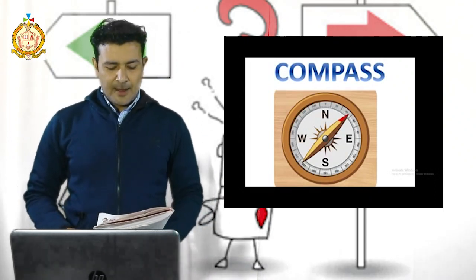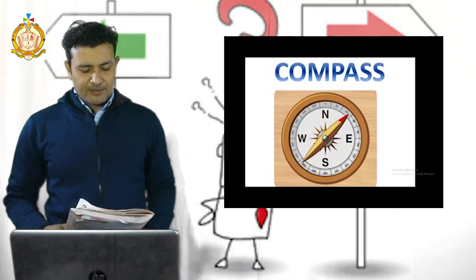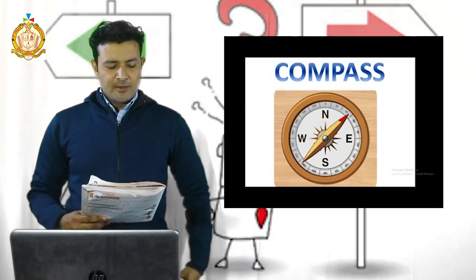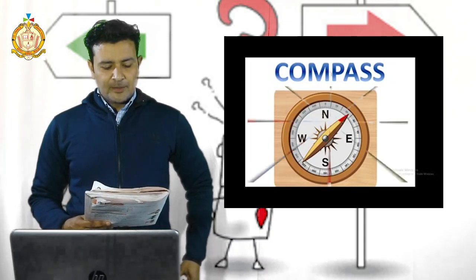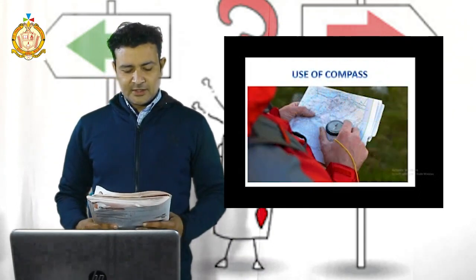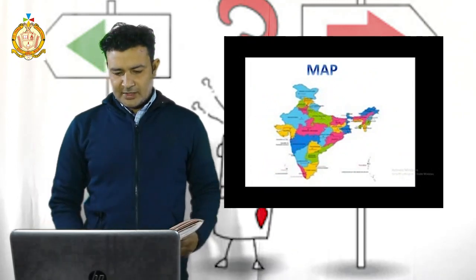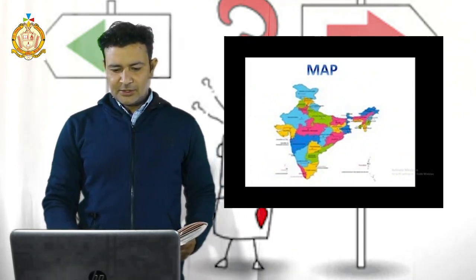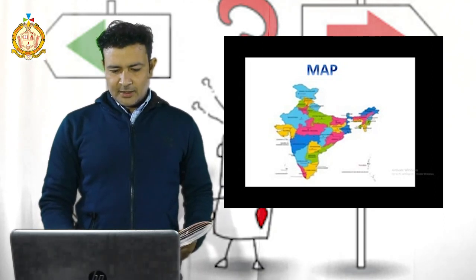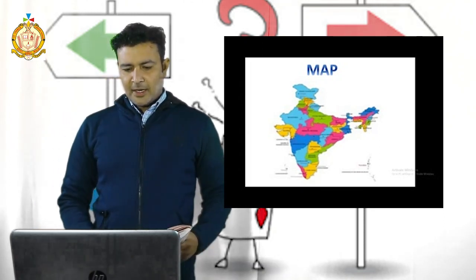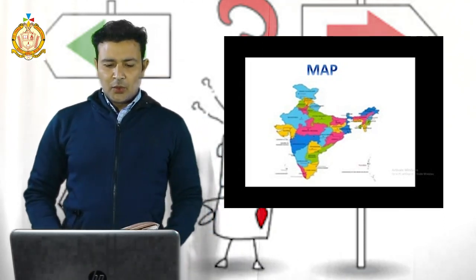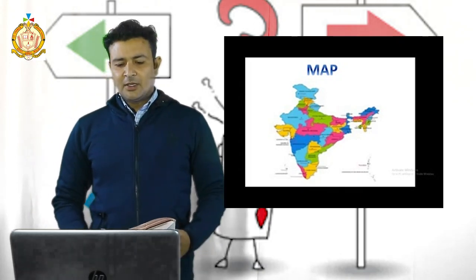Next we have the map. Map also helps us find direction. A map is a drawing of a place on a flat surface such as a piece of paper. In the map you can see, this is the use of compass, but this is a map. In the map, at the top we have the north side.